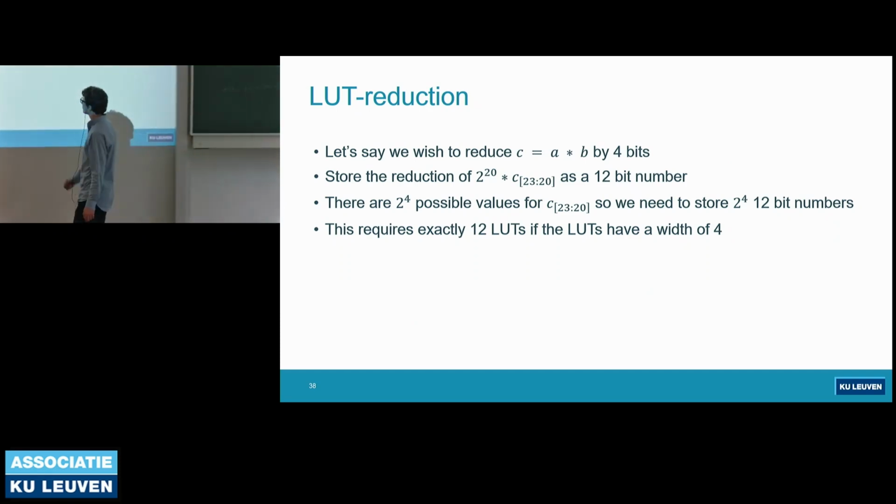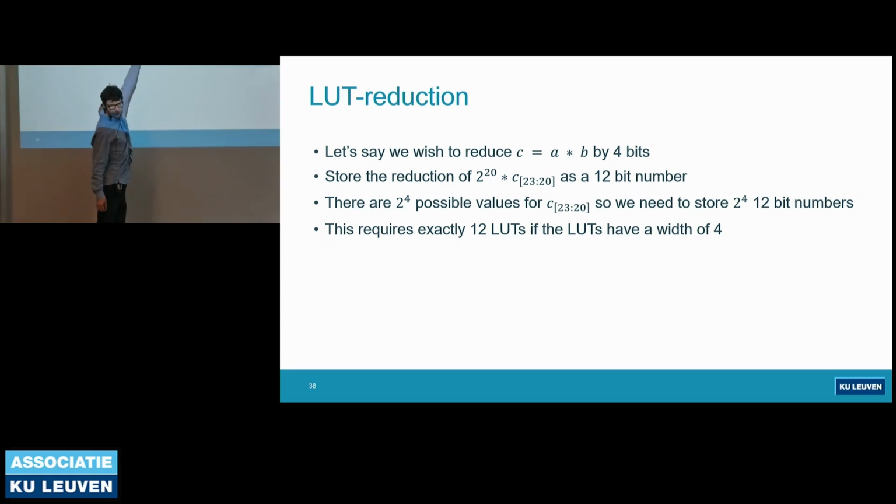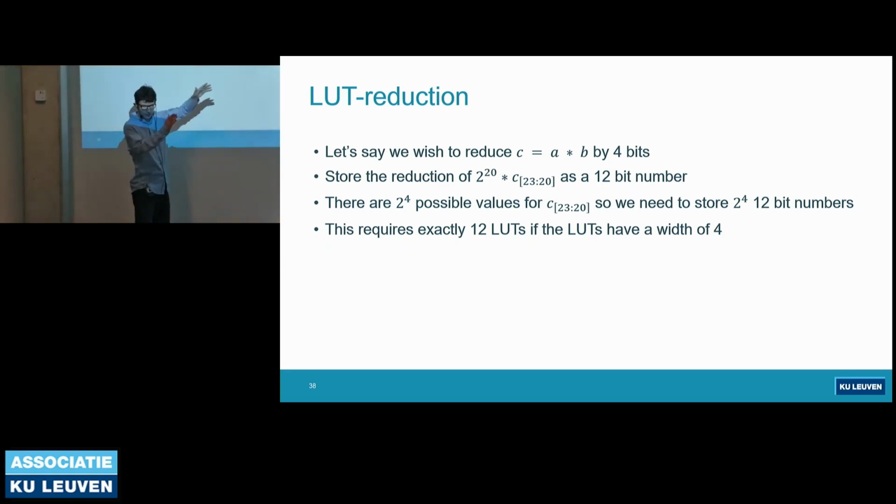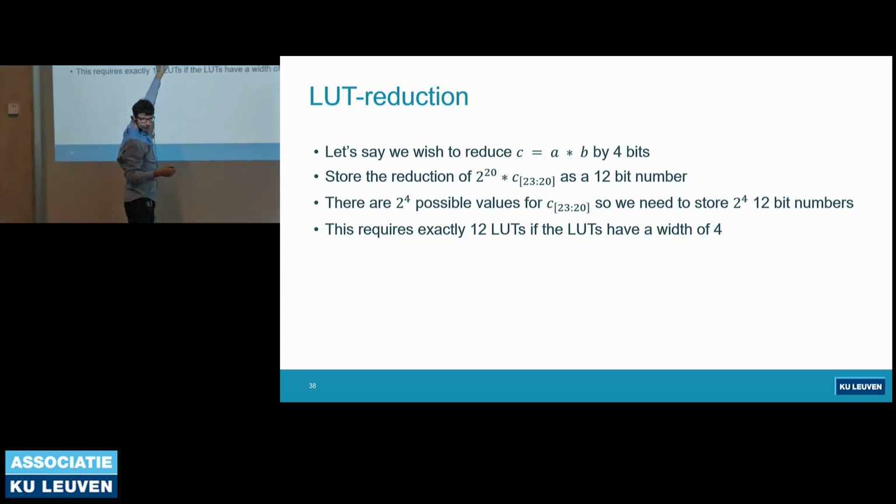Now, let's say you don't want to reduce down to 12 bits, but you just want to remove 4 bits. You want to go from 24 bits to 20 bits. You just want to remove the uppermost 4 bits. Well, these upper bits, you can see as 2 to the power of 20 times those 4 bits. Now, we can store the reduction of this modulo 3329 in a table.